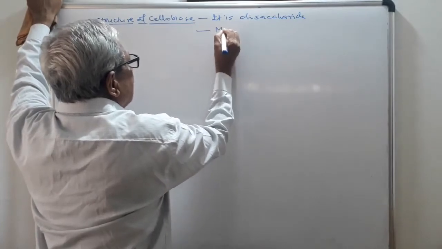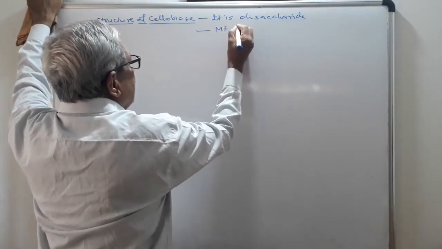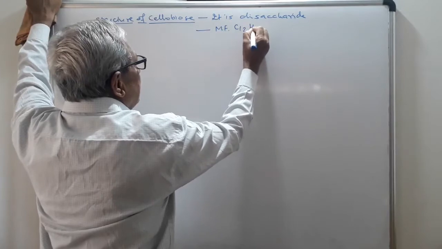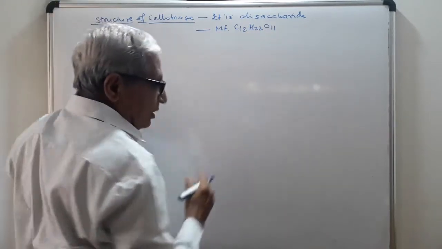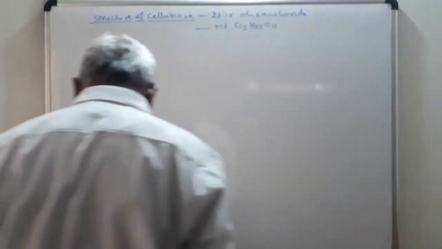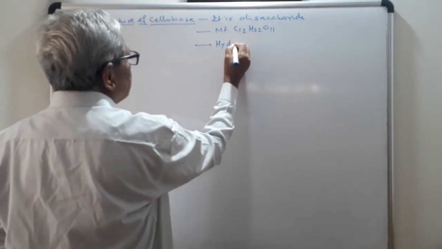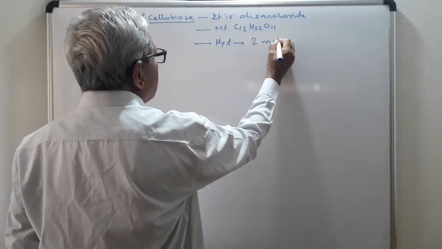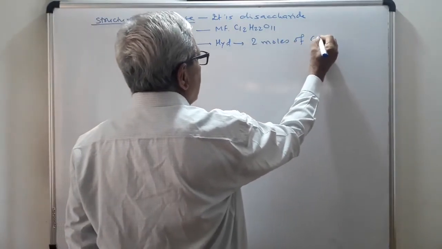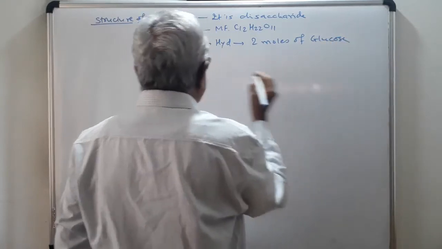It has the molecular formula C12H22O11. On hydrolysis, it gives 2 molecules of glucose. When you do the hydrolysis, you will get 2 molecules of glucose. The bond will be present here.